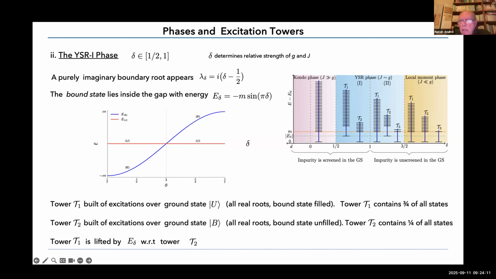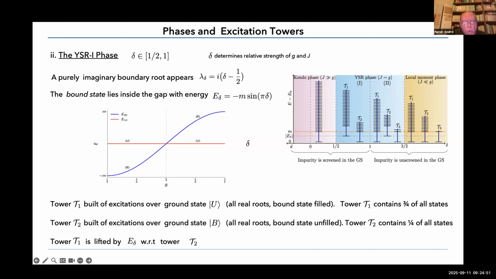Tau 1 here is built on U, on the ground state U, where the bound state is unfilled. And again, the ground state is lifted now by epsilon d, and then I have the tower of spinons built on top of it. Then I have tower tau 2, which is built on the ground state B, and again there is a gap, I fill it up with spinon.